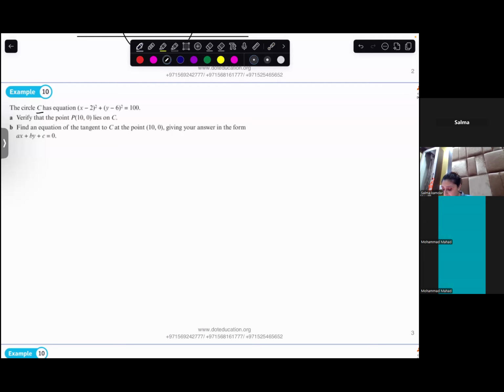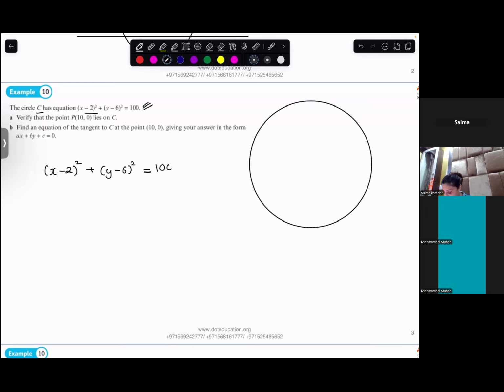I have a circle which has this equation. Can you see this? If it has this equation, what can you derive? That the center point is going to be, the x coordinate is going to be 2 and the y coordinate is going to be 6.